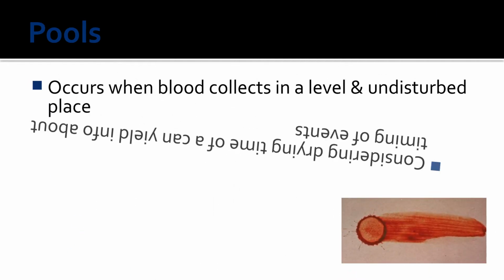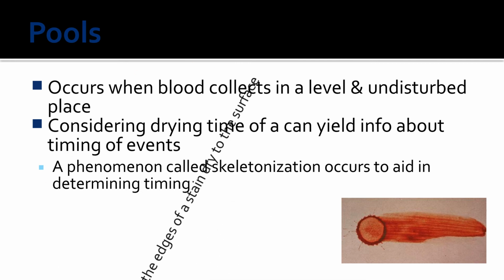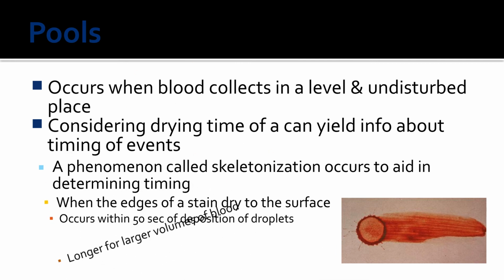Another pattern is called a pool, and these occur when blood collects in a level and undisturbed place. By considering the drying time, it can yield information about the timing of the event.